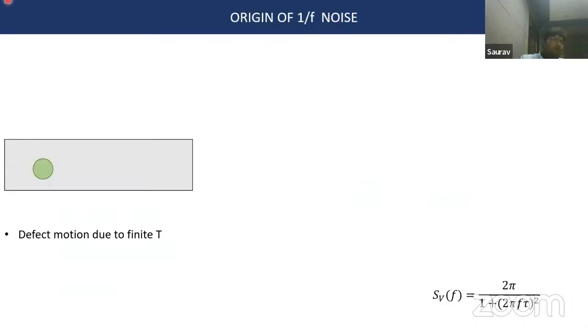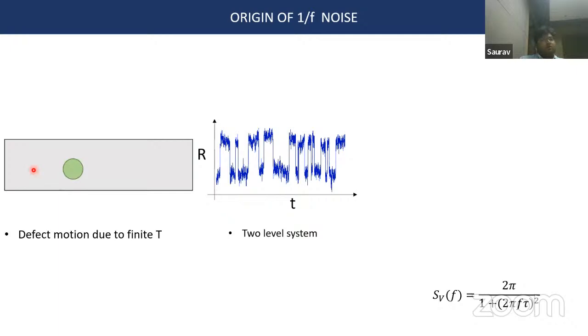So where does 1/f noise originate from? Suppose you have a sample and you have one defect. Now what can happen is, due to just finite temperature, this defect can move from one position to another, since it's at some temperature T. If you measure the resistance as a function of time, you will see that it fluctuates between two levels.